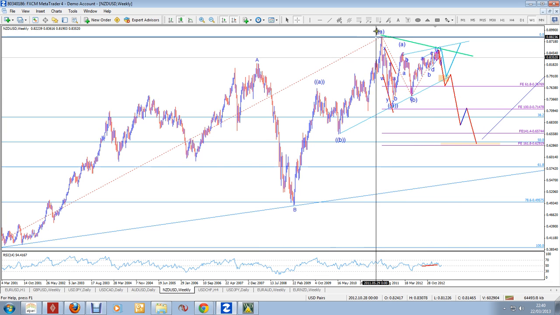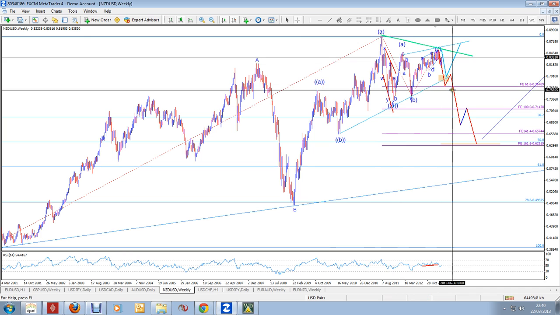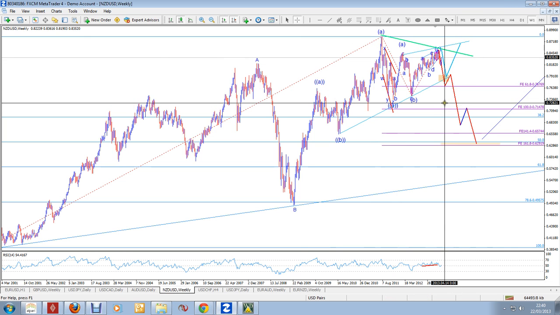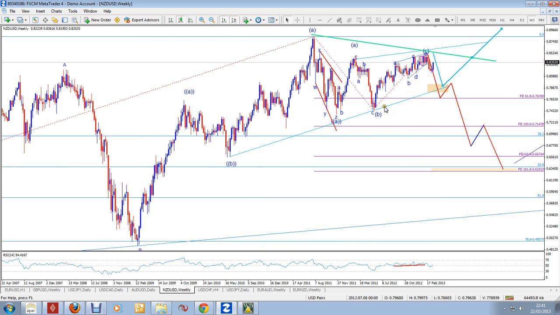So this then becomes a wave A, triangle wave B, and then going up. So even New Zealand dollar could do the same as Aussie dollar, simply gather enough momentum from here and take off, like we've already completed the correction. And see, today New Zealand dollar was strong to the upside, so maybe it can continue straight up.